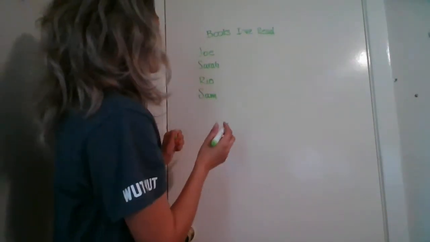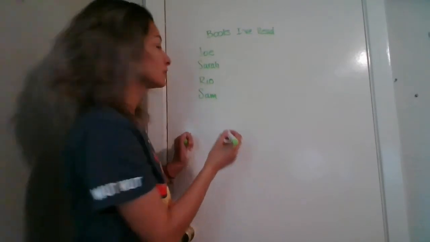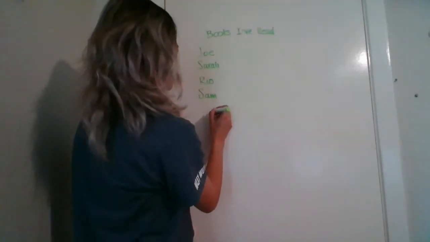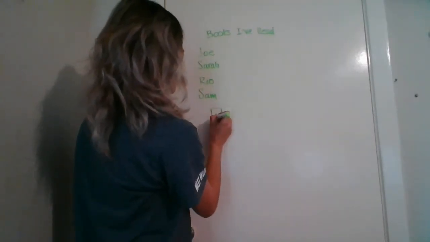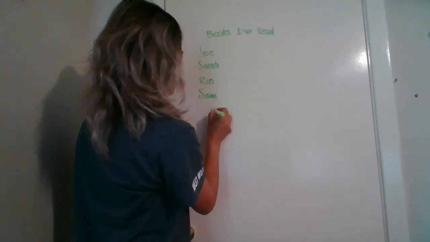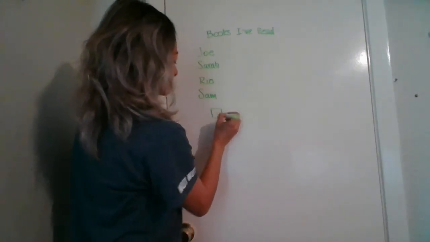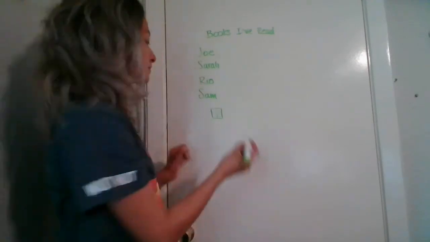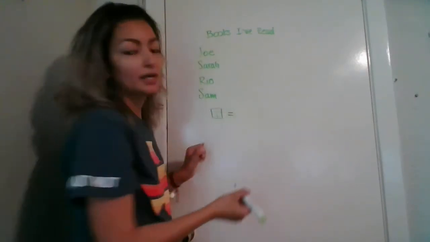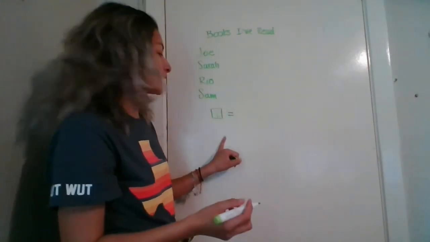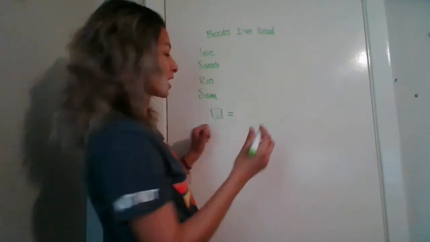Okay, now for my symbol, I'm going to use a book. And each book is going to represent 2 books that I've read.